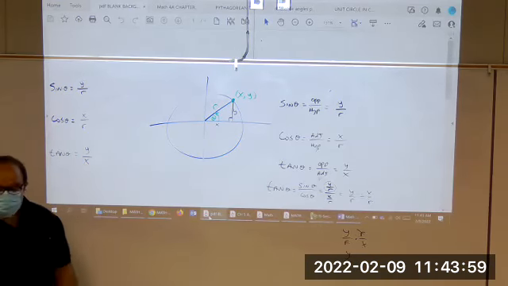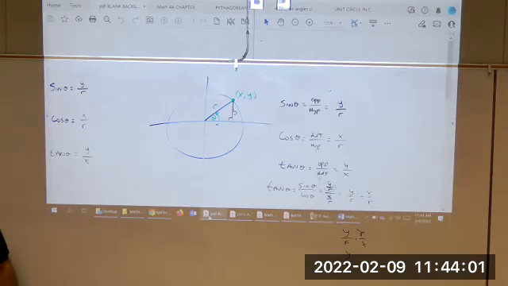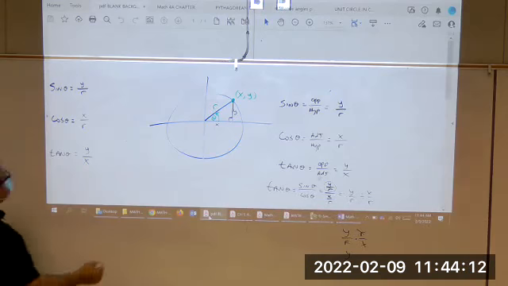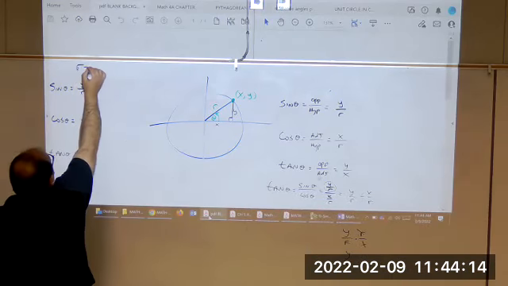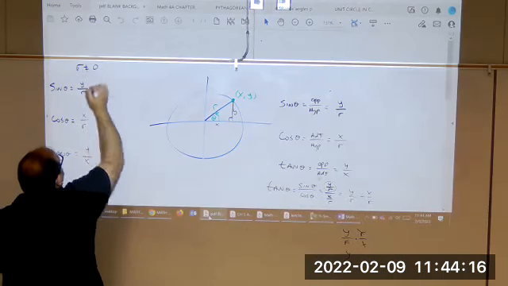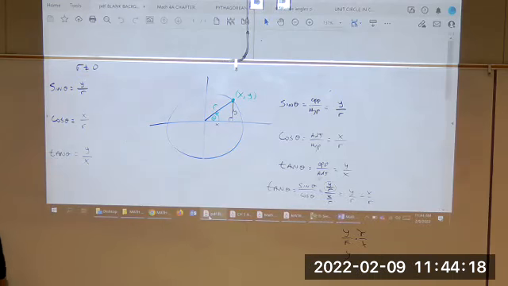Now, the radius can never equal 0, because if the radius did equal 0, you wouldn't have a circle. You would just be sitting at the origin and you don't have an angle either. So the radius can never equal 0. But x and y can equal 0, because they can be any point on the circle.